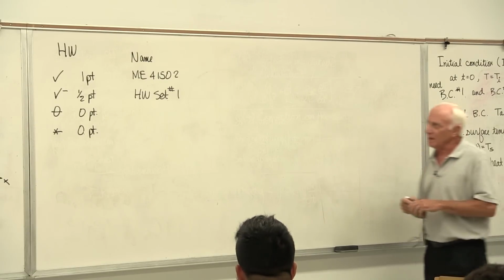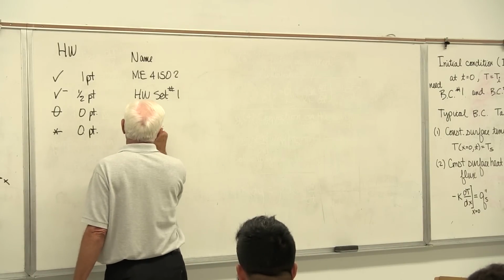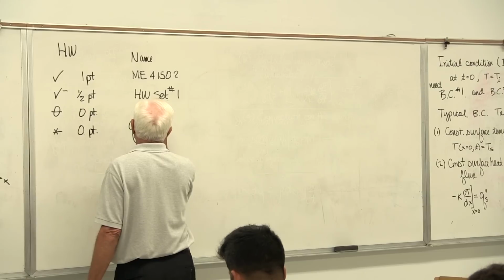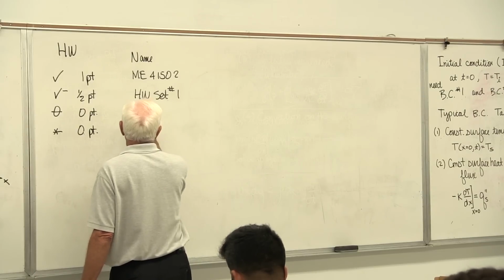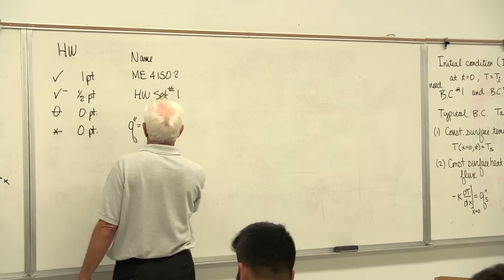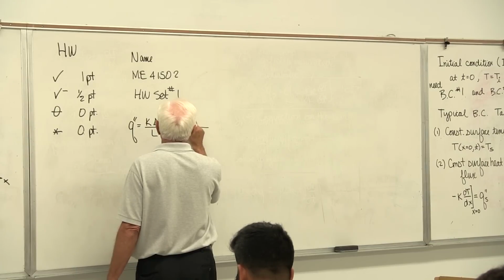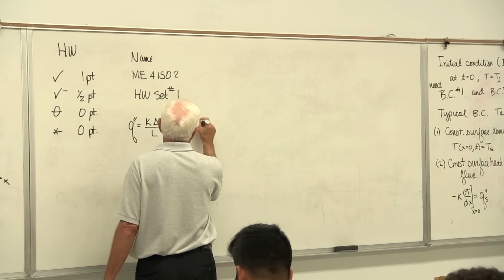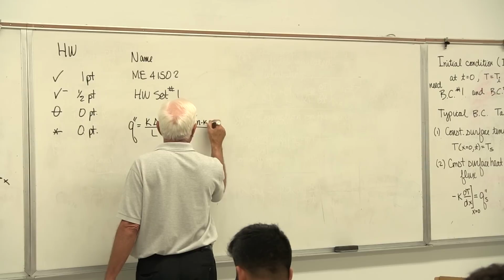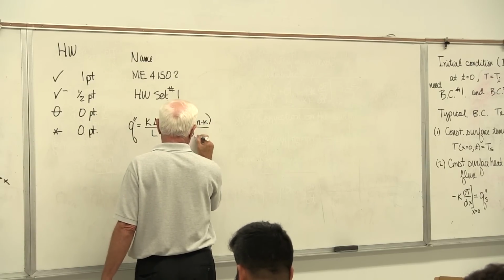So now if you do a problem, let's take an easy one. Q double prime equals K delta T over L. K is 1 watt per meter Kelvin. L is a half of a meter.